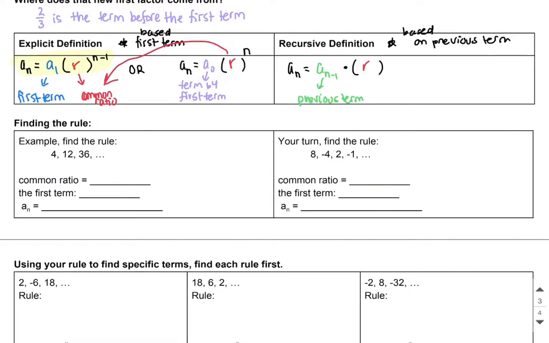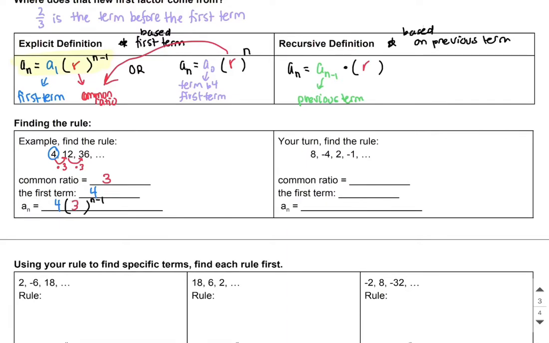So I have example 4, 12, 36. I am seeing what I'm multiplying by each time. I'm multiplying by 3, multiplying by 3. So the common ratio is 3. The first term is 4, and then my rule would be 4 times 3 raised to the n minus 1 power. So 3 is the common ratio, and that's my answer.